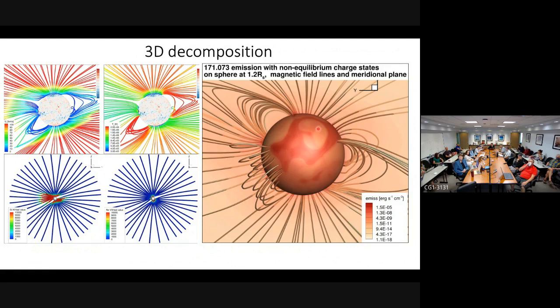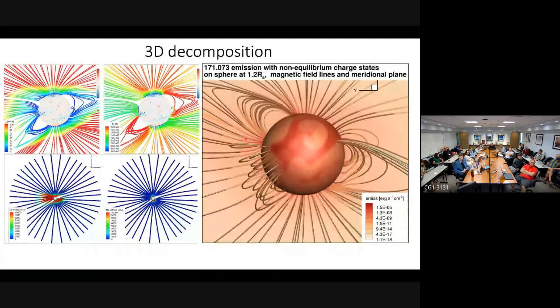This is a map of emission at the 1.2 solar radii sphere, and the field lines and the meridional plane are also colored with this emission. I think this could also be useful to see where strong emissions are coming from.